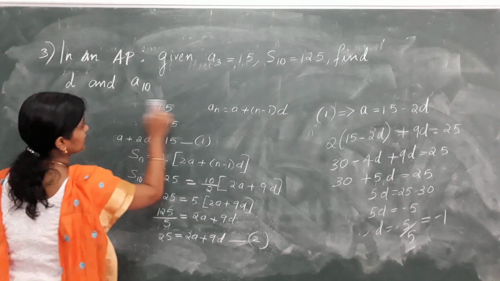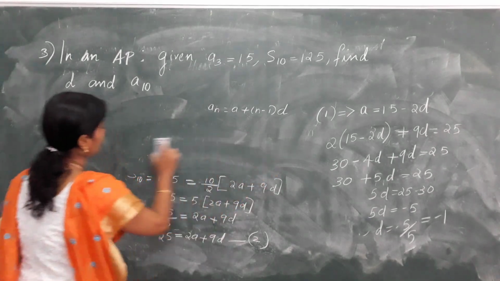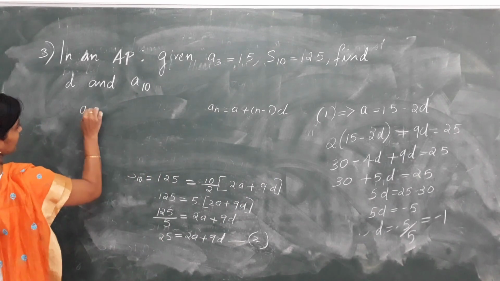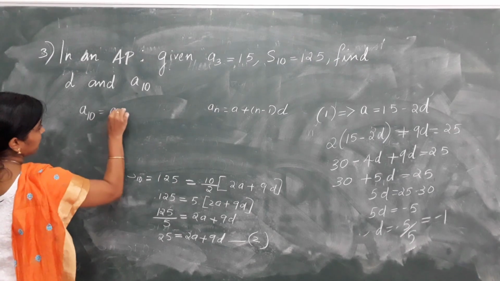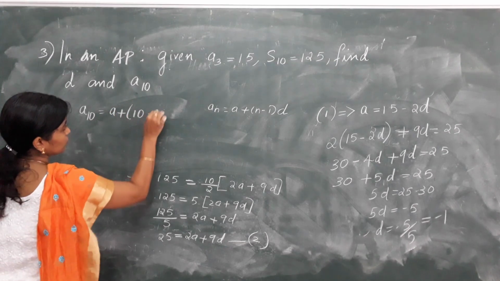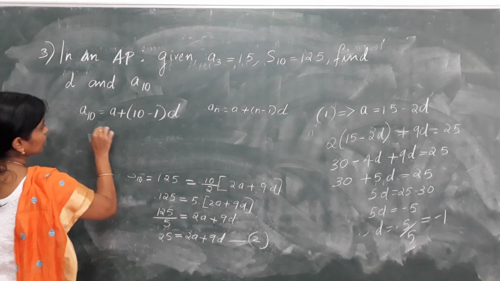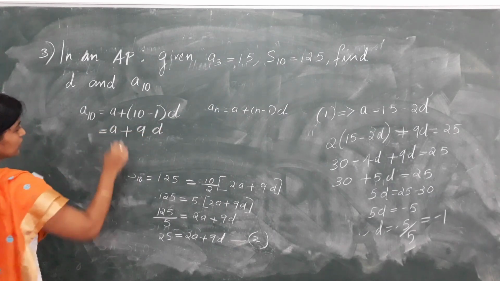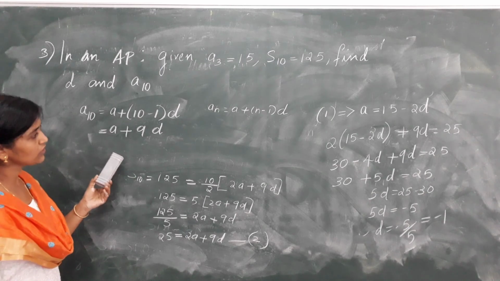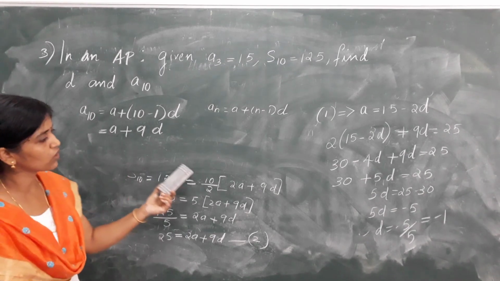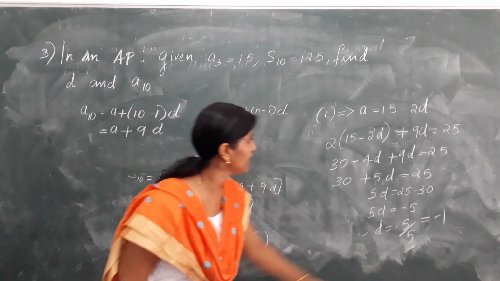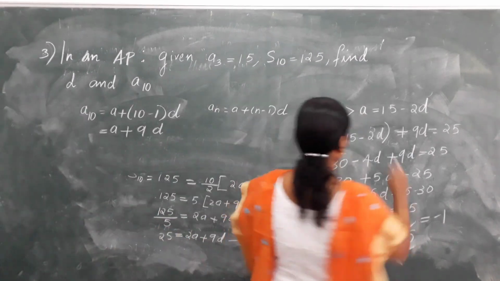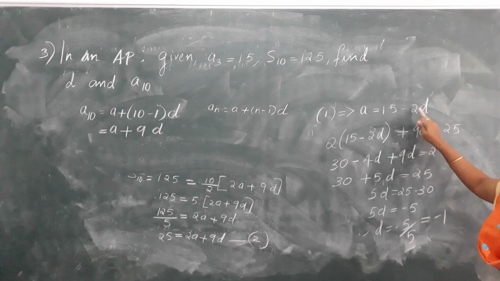To find the 10th term a10, we are again using the formula of nth term. a10 can be written as a plus 10 minus 1 into d, which is equal to a plus 9d. Now we will substitute the values here. We know d is minus 1. Now we need a, but we have a is equal to 15 minus 2d.